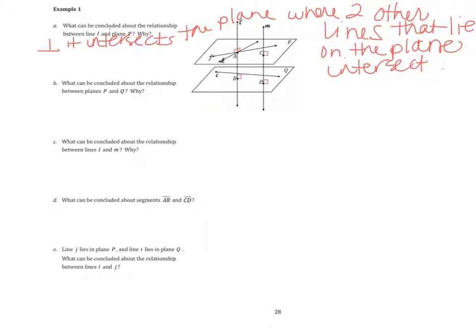So what can be concluded about the relationship between planes P and Q, and the reason as to why? Well, they're perpendicular, and the reason as to why is because they lie separately beneath one another, and they have the same perpendicular lines that intersect them.